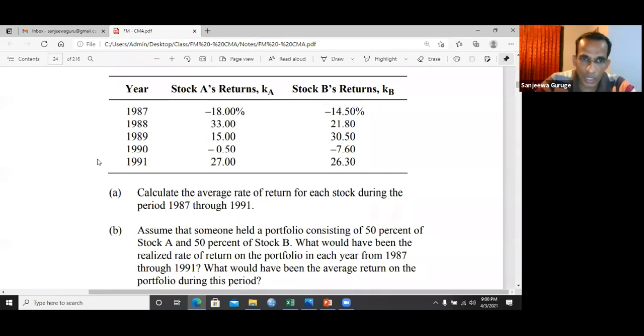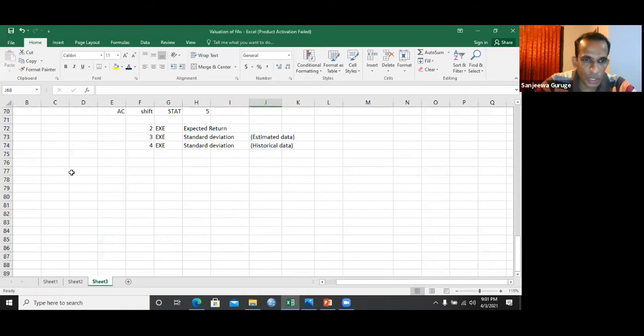So here, details are given for two stocks for 5 years.